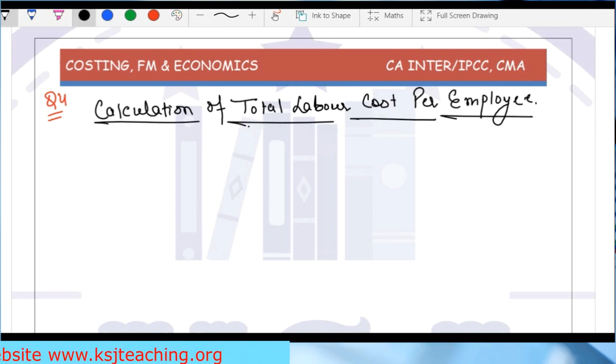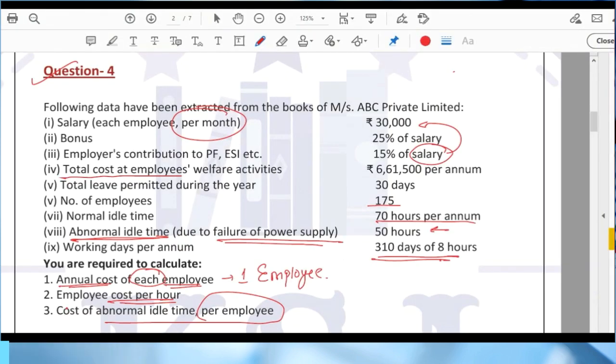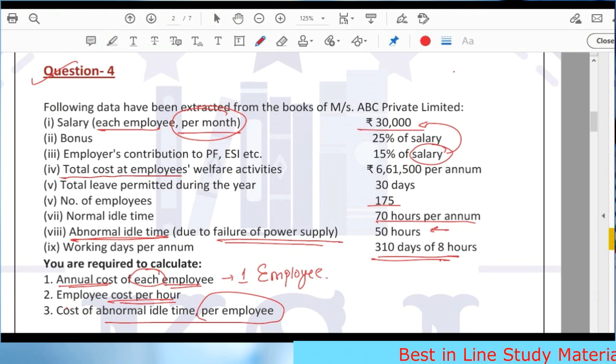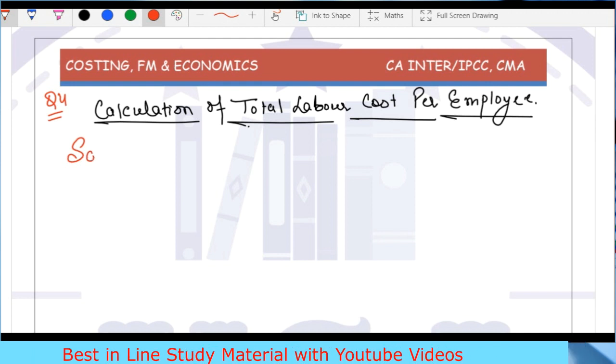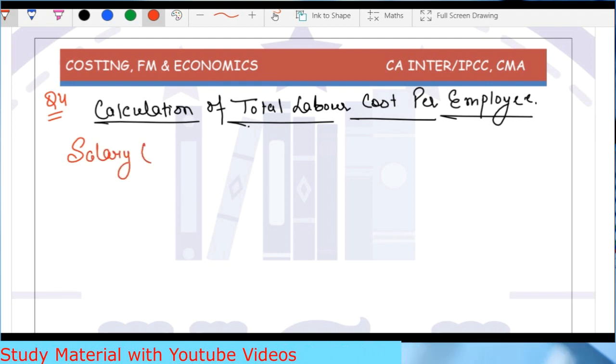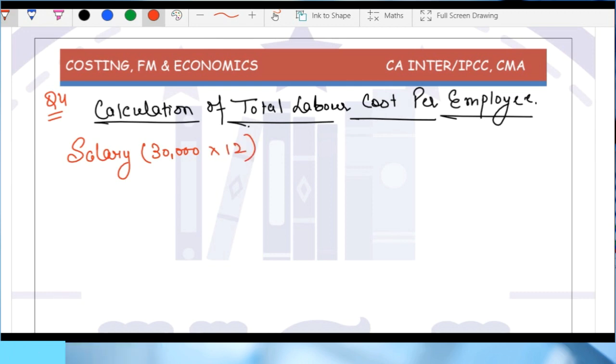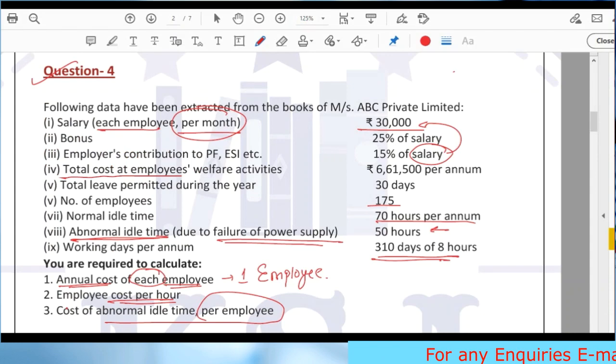The first thing, salary is given for each employee per month, 30,000 rupees. So we'll calculate it for the year. Salary is 30,000 for one employee multiplied by 12. So this comes to 3,60,000. Next, bonus is 25% of salary.